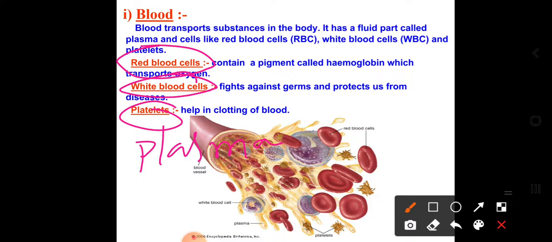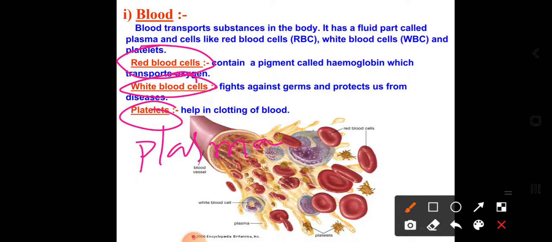Each and every blood cell has its own work. RBC contains respiratory pigments like hemoglobin, which helps in the transport of gases. The second one, WBC, has a variety of cells in it, which all together are meant for fighting with pathogens that are entering into our body and causing diseases.